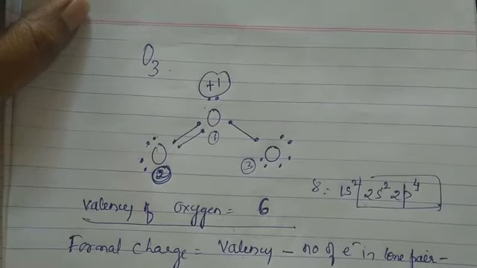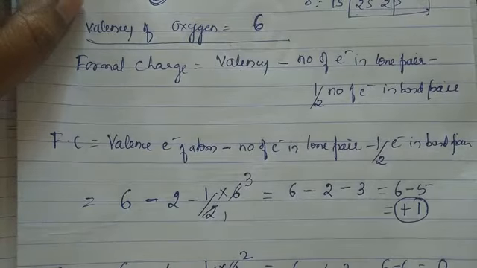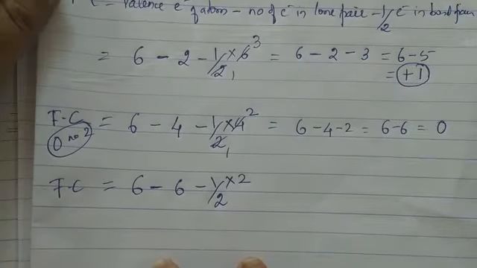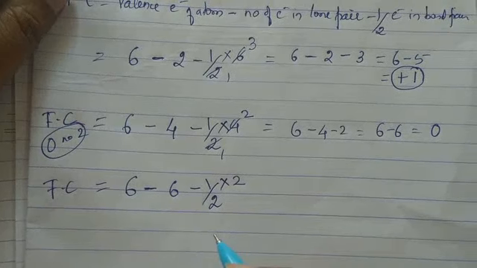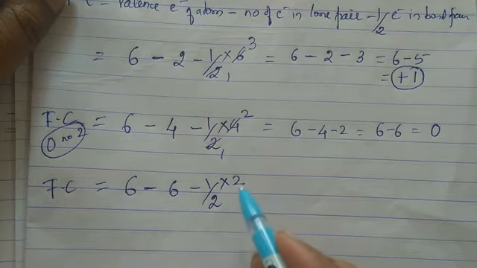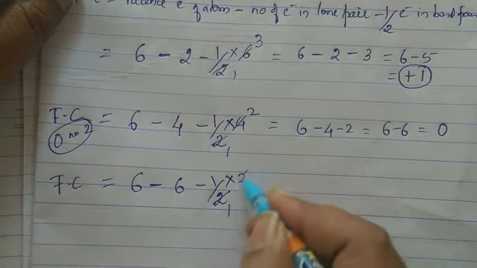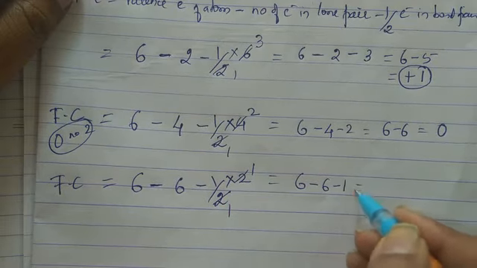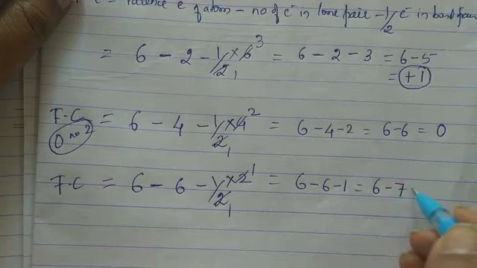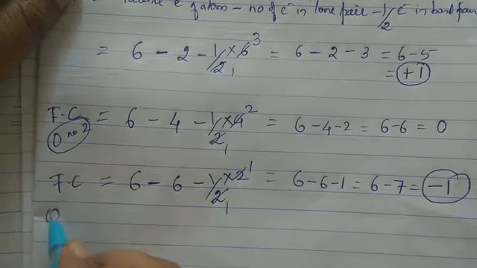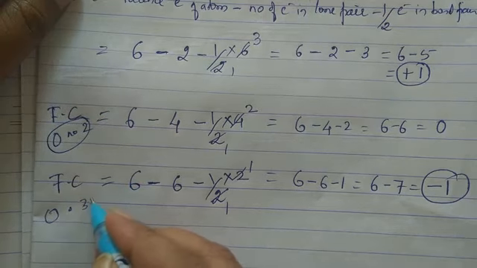How many are involved? 2, into half. So this comes out to be 6 minus 6 minus 1, which is 6 minus 7, equal to minus 1. So what is the formal charge on the third oxygen?